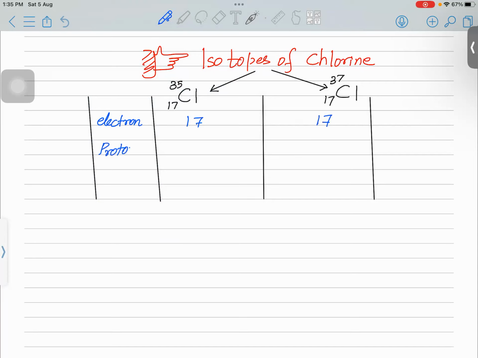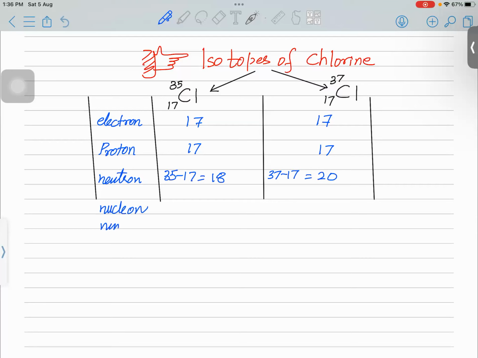Very good. The number of neutrons varies. In the first one it is 18 and in the second one it is 20. 35 minus 17 is 18, and 37 minus 17 is 20.